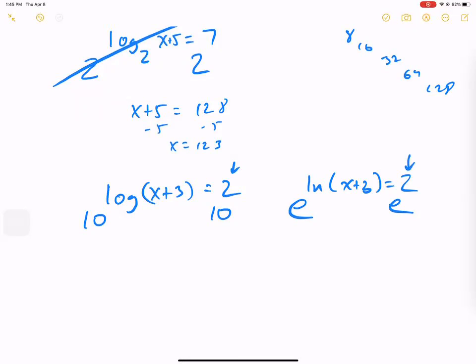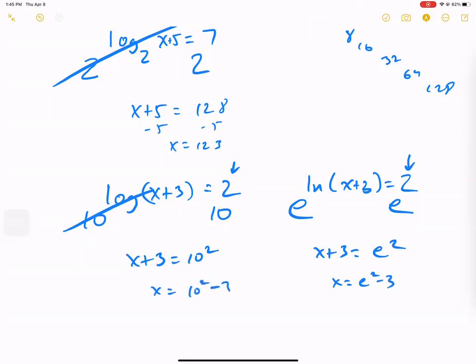So those answers are actually exponents. Those cancel out automatically. x plus 3 is equal to 10 squared. x plus 3 is equal to e squared. The answer here is e squared minus 3, and x is equal to 10 squared minus 3. So whether you have a common log or a natural log, you want to know these invisible bases are either 10 or e.